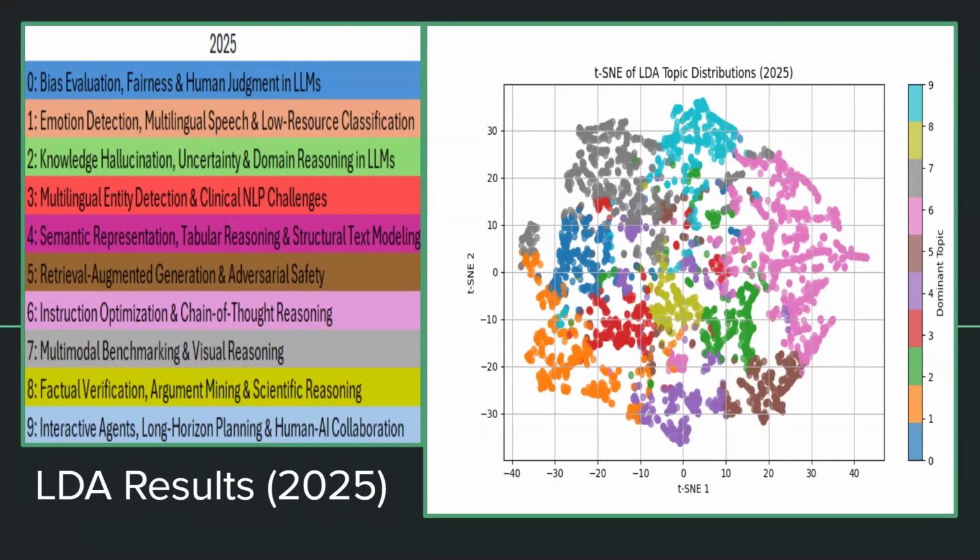And you can see a small portion of topic 2, which is the green cluster, is around cluster 7, the gray cluster. Makes sense because topic 2 is about knowledge hallucination, uncertainty, and domain reasoning in LLMs. And topic 7 is multimodal benchmarking and visual reasoning, which shows that there's also part of the space that is about reasoning on the upper left.